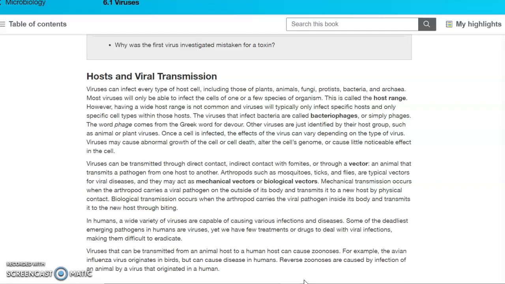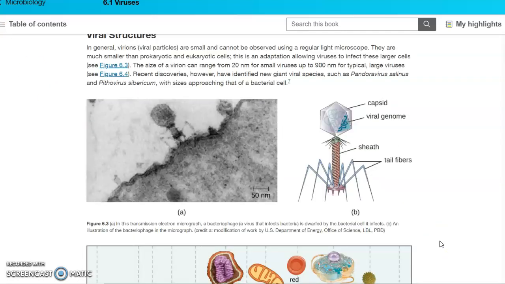These are called zoonotic diseases, where we have a virus that can be transmitted from, let's say, a dog to a human. So viruses can jump species. Viruses are too small to be seen with a regular standard light microscope. We have to use electron microscopes typically in order to even see them.